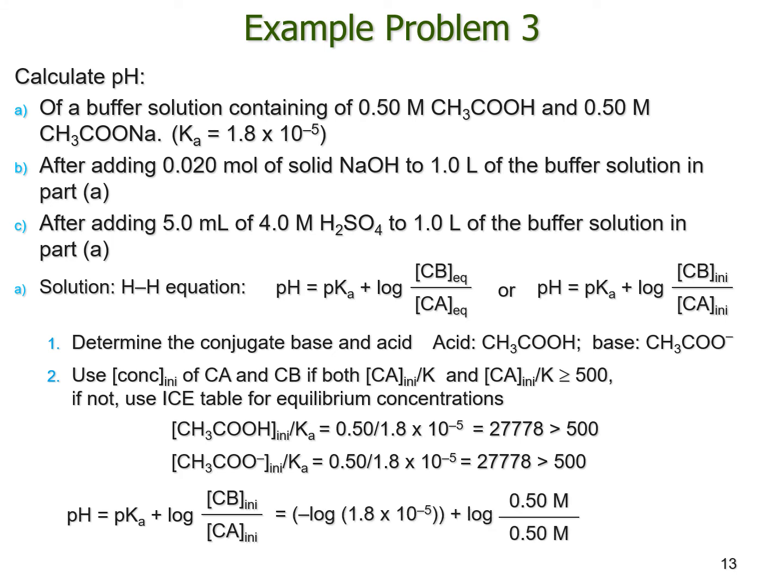So with the initial concentration 0.5 divided by 0.5, that's log of 1. Log of 1 has a value of 0, so it's just the pKa of this weak acid, which is 4.74. Okay. I would like you to memorize 4.74 for the next few minutes, so that we'll see just how the buffer solution works if a small amount of acid and base added.